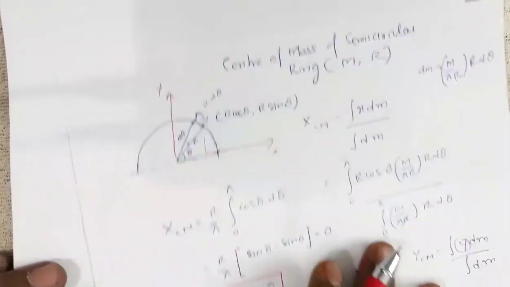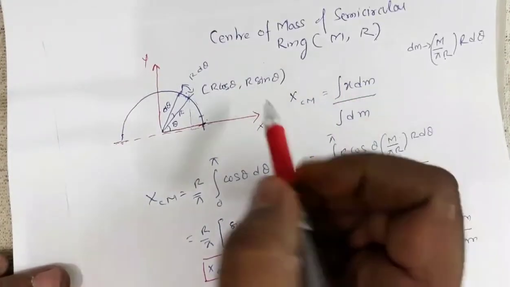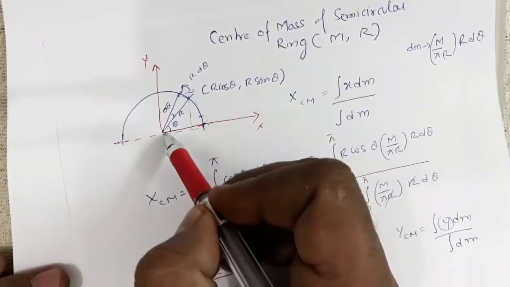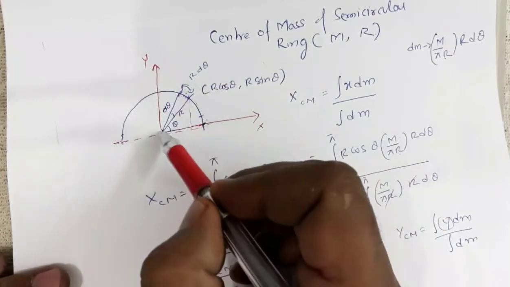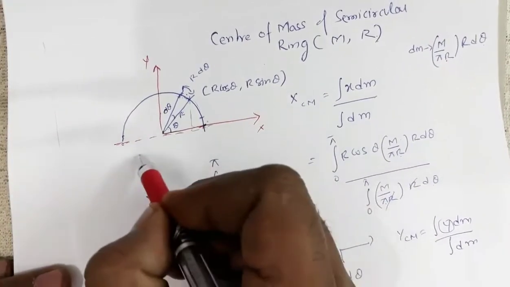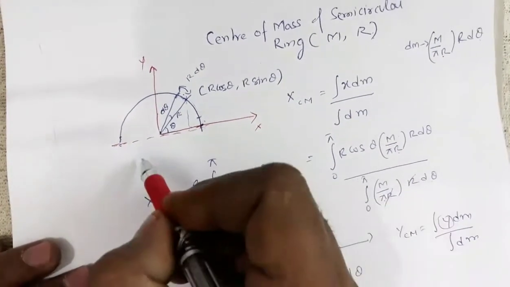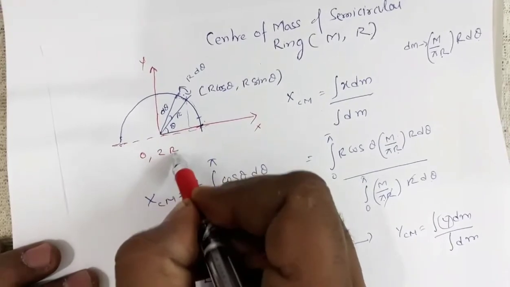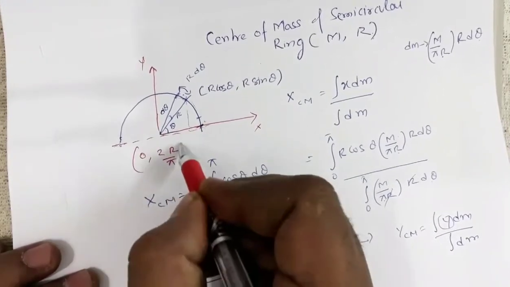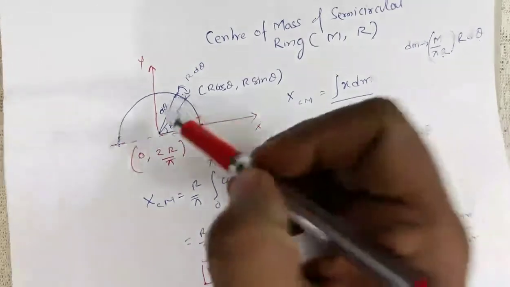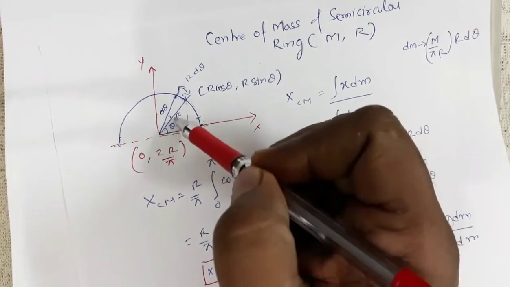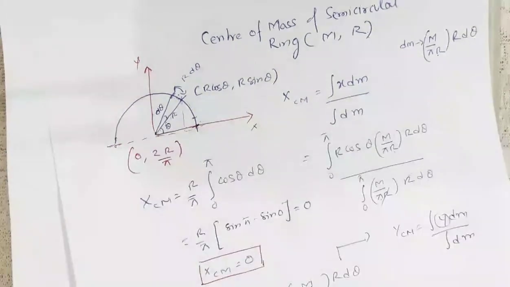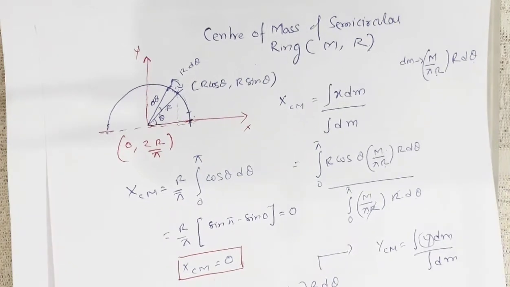For this semicircular uniform ring of mass m and radius r, if it is placed such that the center of the ring coincides with the origin of the xy coordinate system, then the coordinate of the center of mass will be (0, 2r by pi). So the center of mass will lie along the y-axis at distance twice r by pi from the origin. So this is the derivation for the center of mass of a semicircular uniform ring.